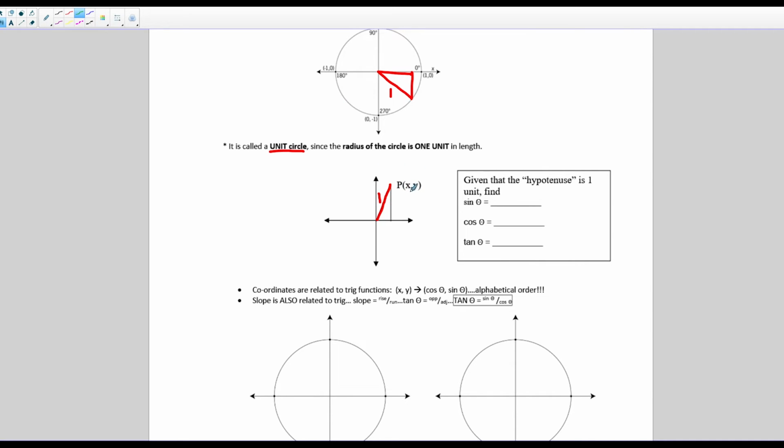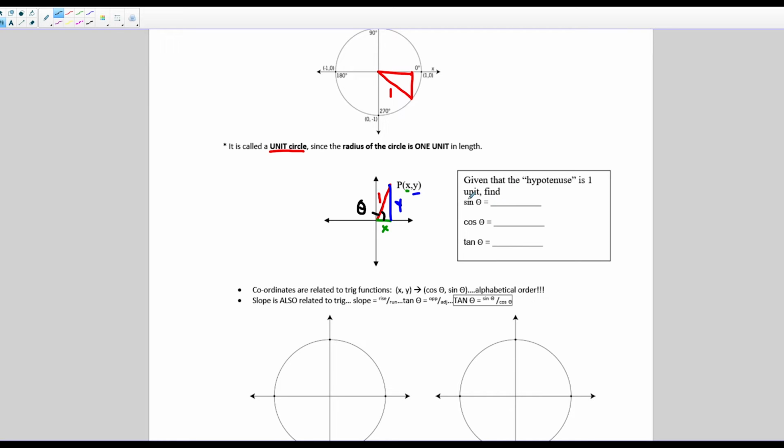And because our point here is (x, y), our representation of x is going to be this side right there. So we know that that green line is x units long, which means that this height of the triangle is going to be y units long. So if we're looking at sine of theta, and let's go ahead and label theta right here. So that's going to be our theta.